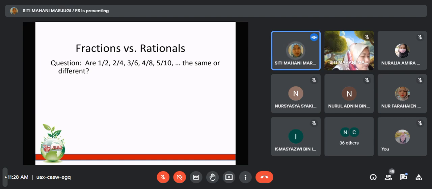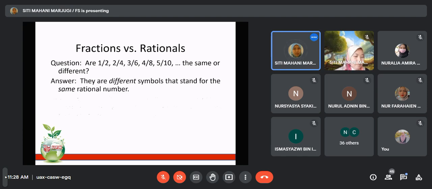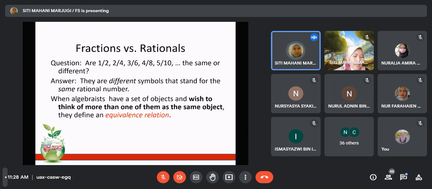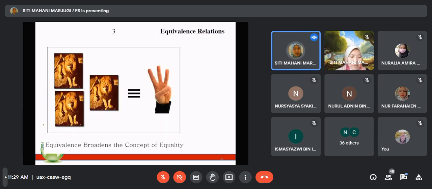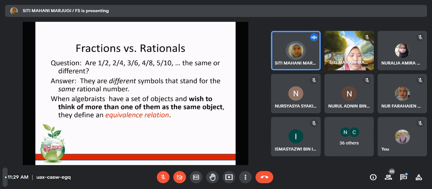That is what it means. If you think about this, algebraists would say maybe the same but not identical. So what we can do is use the word equivalent.